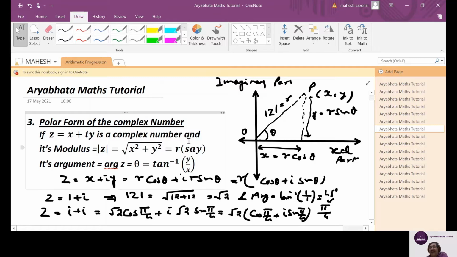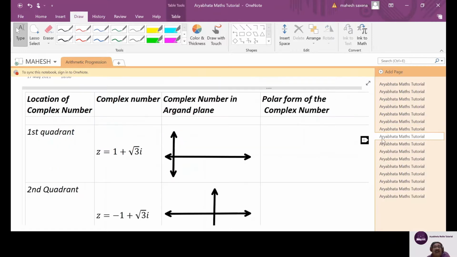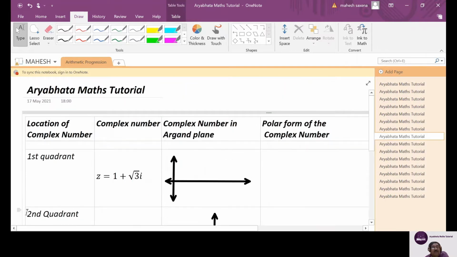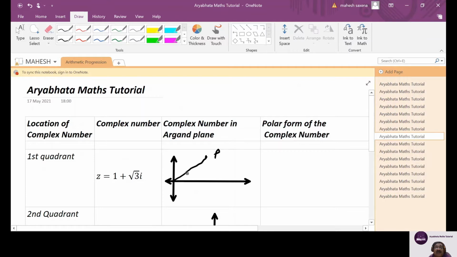Now we take points in different quadrants and find the polar form. Suppose the point is (1, root 3). It is clear that the modulus of z is somewhere here, and theta will be here.